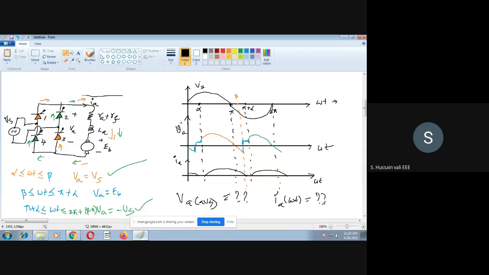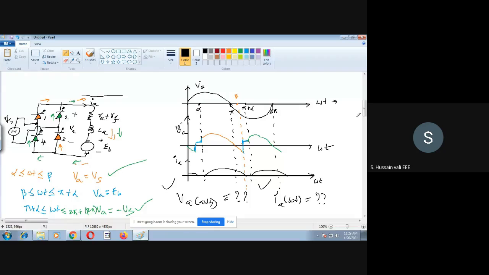The answers for this are the same as the answers you got in the case of the single phase full converter fed separately excited DC motor. There is no other change you will find for the expressions of V average and IA average.